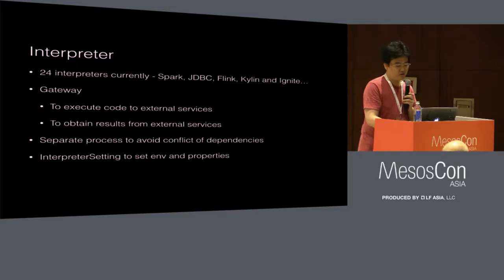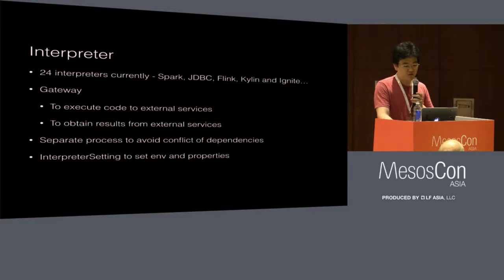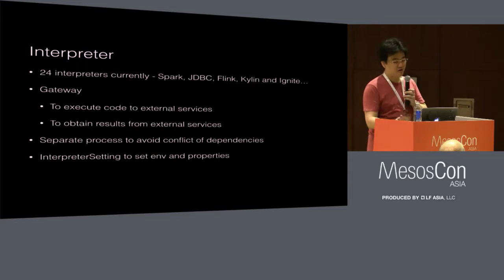Interpreter. The interpreter is based on Zeppelin's backend system. There are 24 interpreters currently, as far as I know, I counted yesterday, including Spark, JDBC, Flink, Kylin, Ignite, Python 2, and so on.